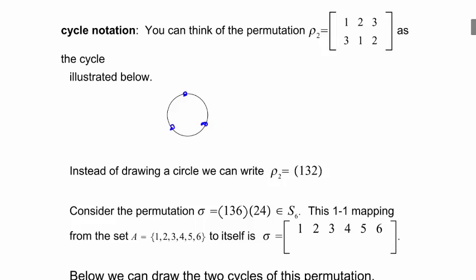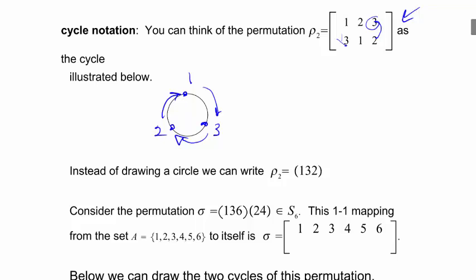The way that we will use notation for these mappings is not this. It's much easier. We use cycle notation, but it takes some practice. Notice that this is just a cycle. It takes 1 and sends it to 3, and then it picks up 3. Then it sends 3 to 2, and 2 back to 1.